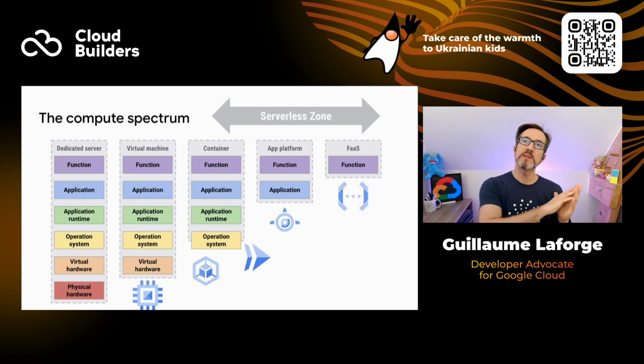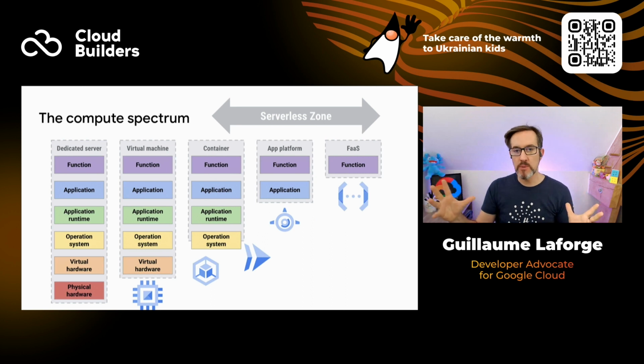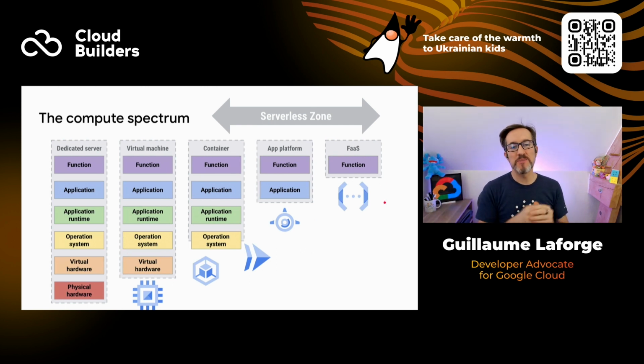If you look at the compute spectrum, when you use serverless, the more to the right you go here, the more you're going to focus on your code. So if I focus on a serverless container, for example, using Google Cloud Run, I can focus on my apps, the runtime I chose, and the underlying operating system, at least the base image that you use in your containers.